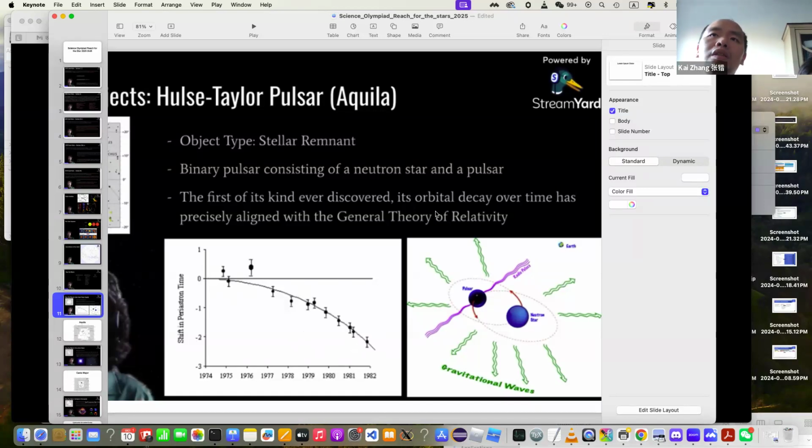That is called the orbital decay of the binary system. This is precisely aligned with the general theory of relativity, because in Newton's theory you will not see this, but in general relativity you have this decay.